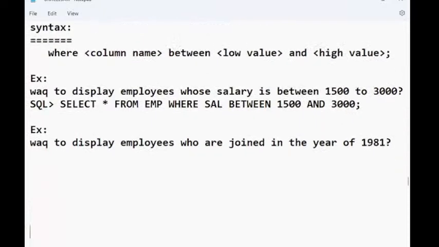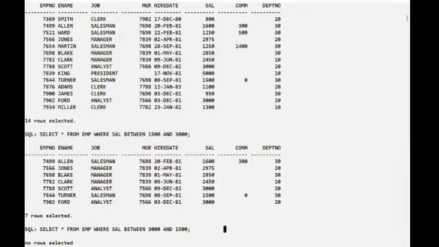Can you tell me what my low value and high value are? I want the 1981 year people. What is my low? January 1st. What is my high? December 31st.